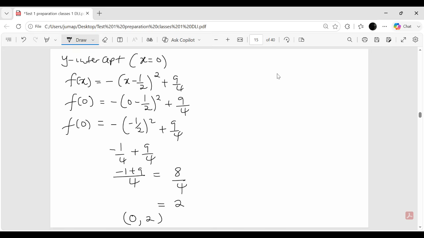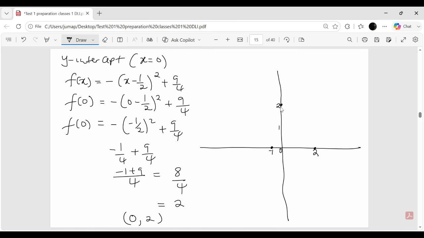Then now you plot. When you're plotting, you draw the Cartesian plane and sketch. Remember you have negative 1, 0 here, then you have a 2 somewhere here from the y-intercept. So these are points, don't forget. The y-intercept is (0, 2), so I have 1 and I have 2 here.